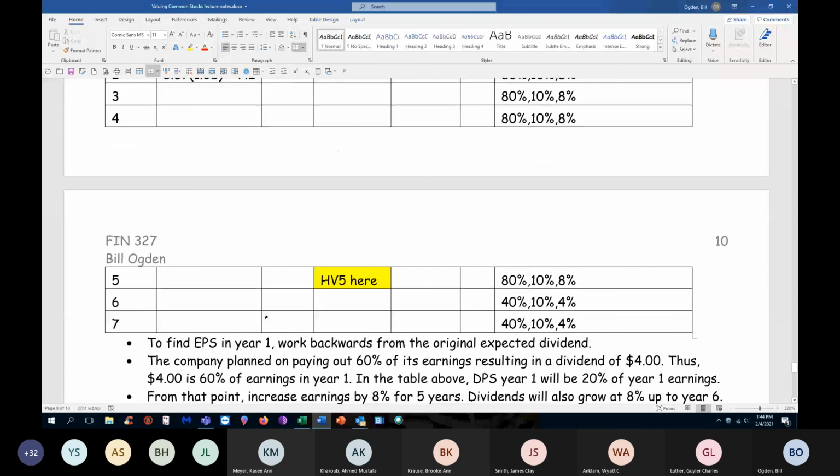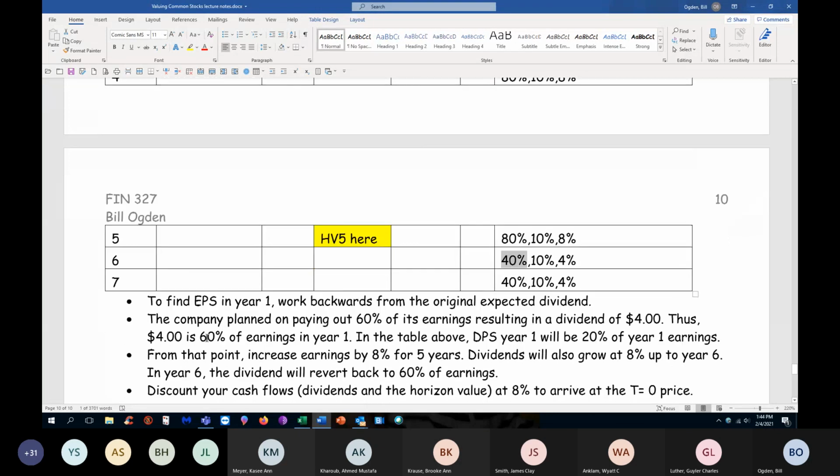Fill out this table. Keep in mind that they're going to expand the plant for 5 years, years 1 through 6. At the end of year 6, they're going to go back to paying out 40%. So your horizon value will be in year 5, and that would be D6 divided by R minus G. I have all that written out down here.